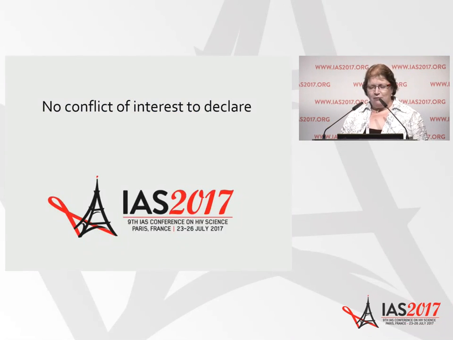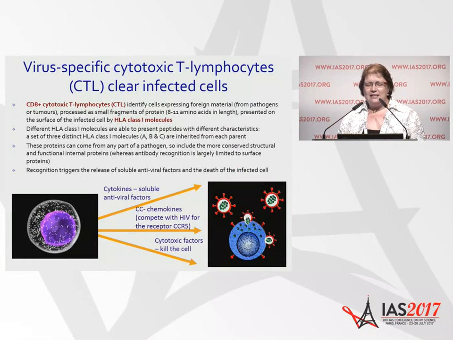So first of all, no conflict of interest to declare, and then to explain a bit about cytotoxic T-cells for the uninitiated. The reason that they play an important part in antiviral immunity is that they're able to recognize processed proteins from inside an infected cell. Because most of the proteins in a virus or pathogen are sampled and presented on the surface of cells, the T-cells can recognize the more conserved internal proteins, which is presumably why Gag-specific CTL have often come up as a correlate of protection in HIV infection.